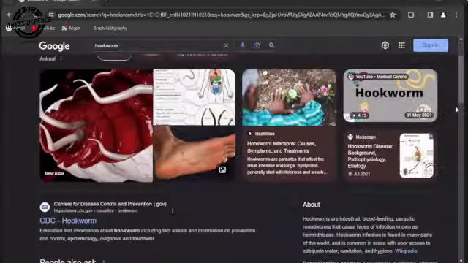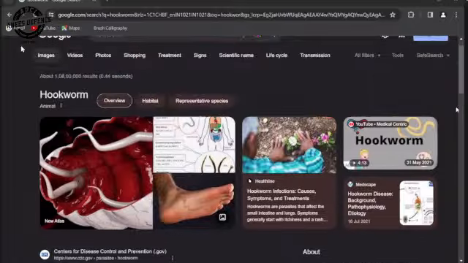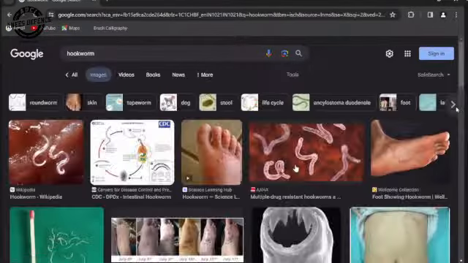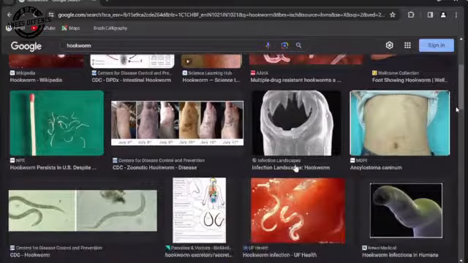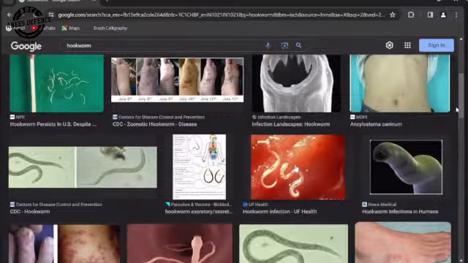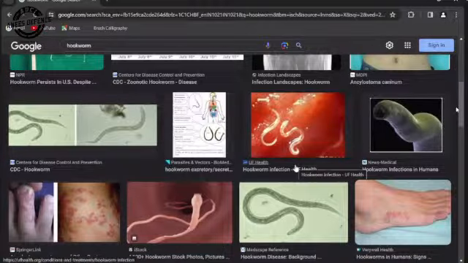Hookworm is there. They damage the intestine first, the small intestine, so they will have digestion issues. The food will not digest. Mainly they damage the intestine.